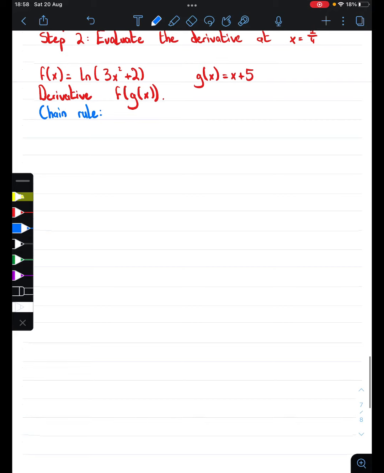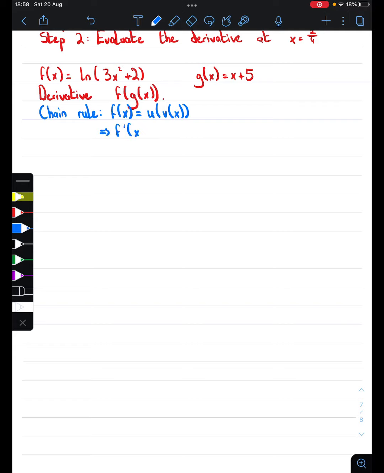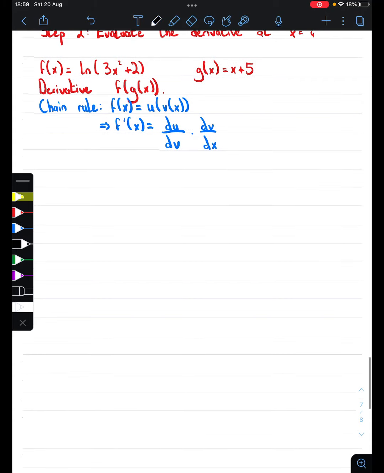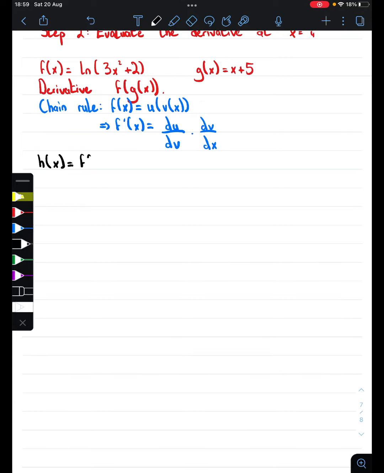The chain rule says that if you have a function of another function, then the derivative with respect to x is the derivative of u with respect to v times the derivative of v with respect to x. So what does that mean? In our case, let's call h of x equal to f of g of x.